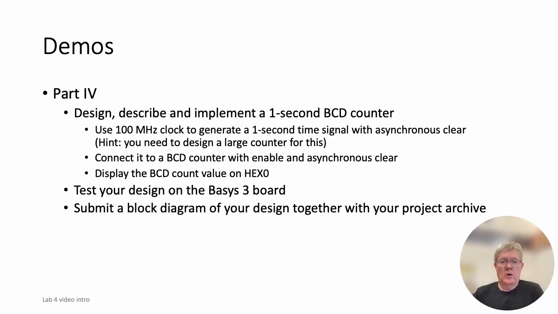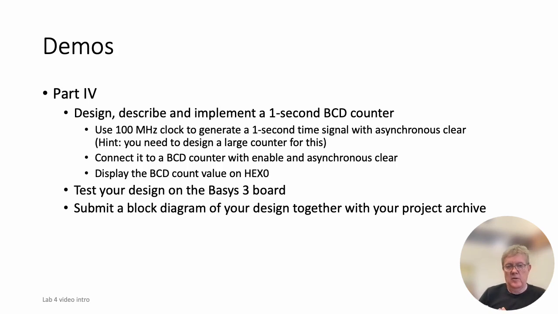For part 4, you're going to design a couple of counters actually and integrate them into one design. You're going to build a BCD counter that has a count period of 1 second. So we're going to display a BCD value on the least significant 7-segment display, hex 0, and that counter is going to increment with a period of 1 second.